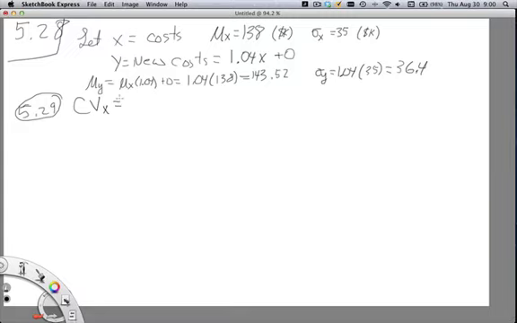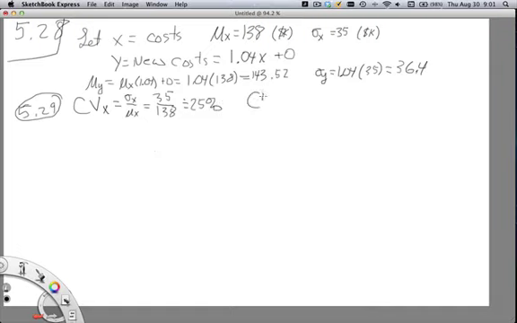It's the variation relative to the mean. So it's sigma sub x over mu sub x. And so this is equal to 35 divided by 138. And this is about 25%, approximately 25%. So it's usually expressed as a percent.